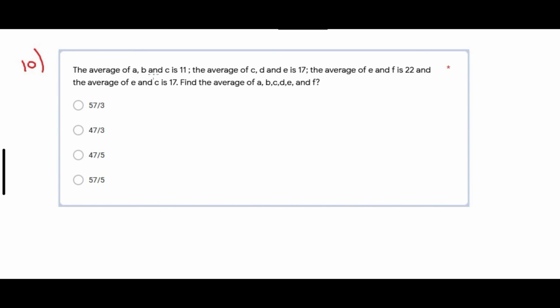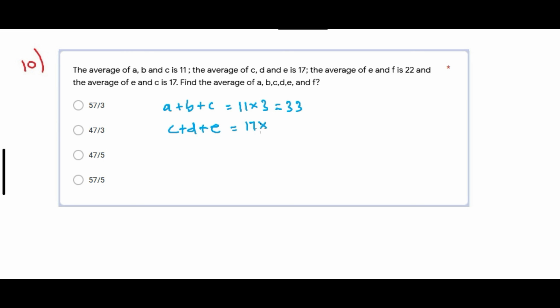So average of A, B, and C is 11. That means A plus B plus C by 3 is equal to 11. So 11 into 3 is equal to 33. Next, average of C, D, E is equal to 17.